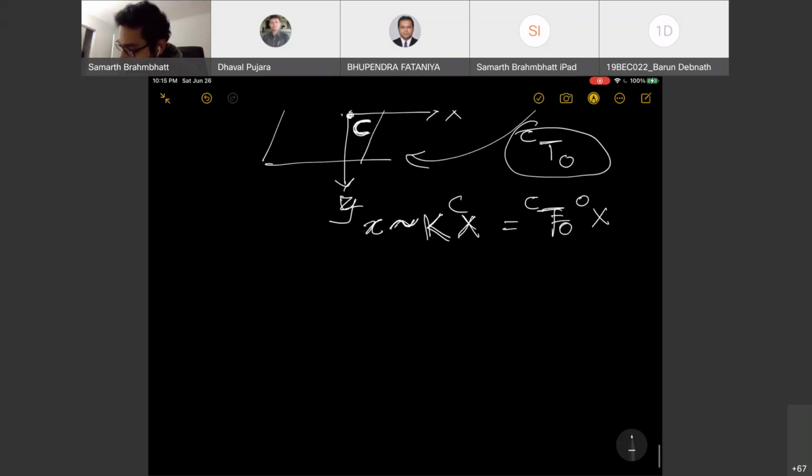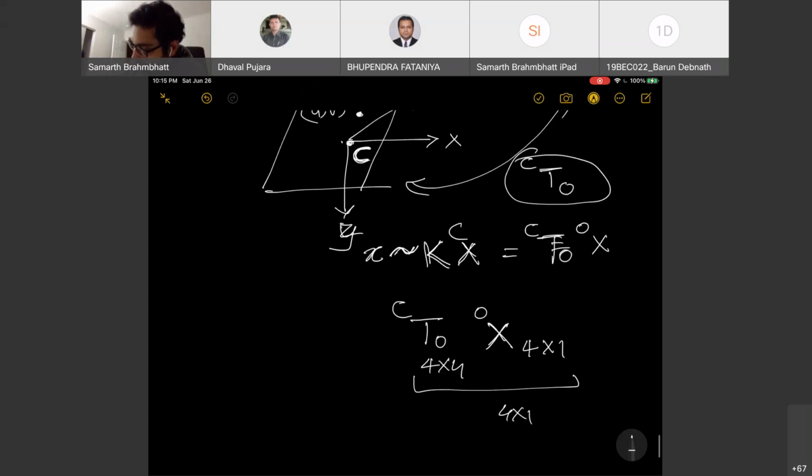So effectively what we did is something like this. We started with a point in the object coordinate system in homogeneous coordinates, which is a 4x1 matrix. Then we multiplied it by this transformation matrix, which is 4x4. So the result is going to be 4x1.